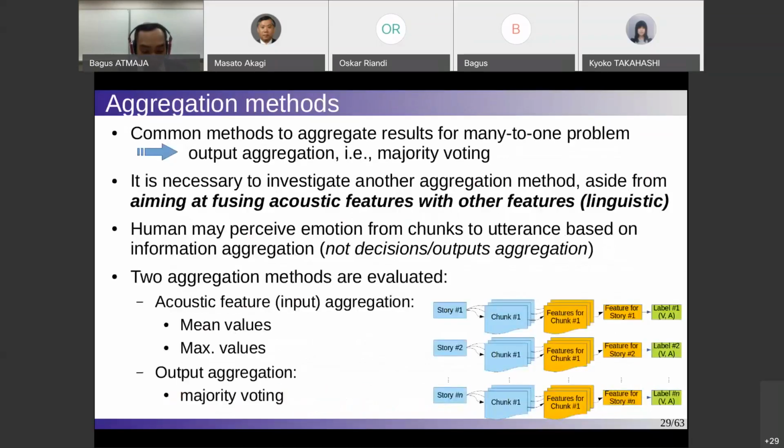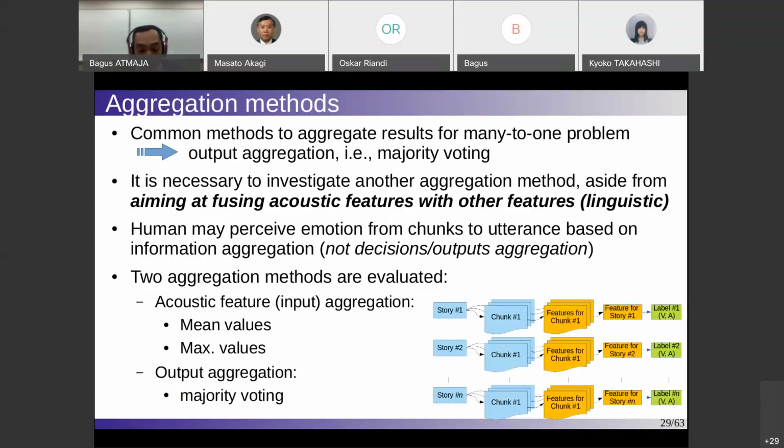And the next one, the last part in this first strategy, is the aggregation method. This is a common problem in many-to-one problems. For example, if we have 10 data, to choose one data to represent the 10, usually we use the most frequent one. That's called majority voting. However, I think that we need to investigate another method.